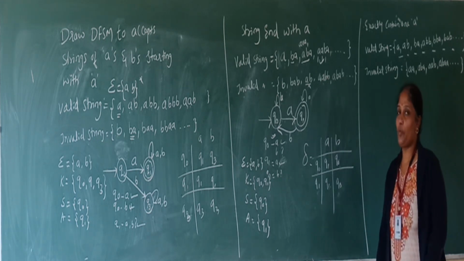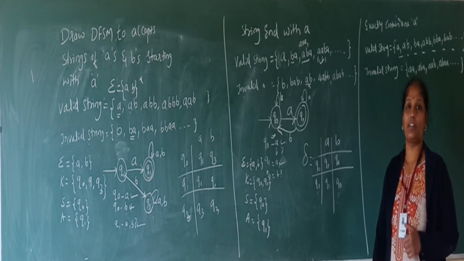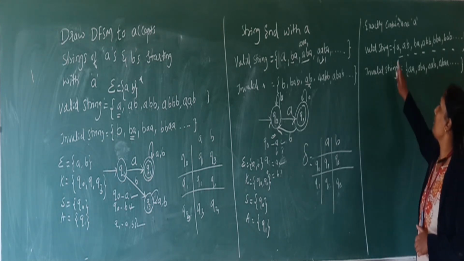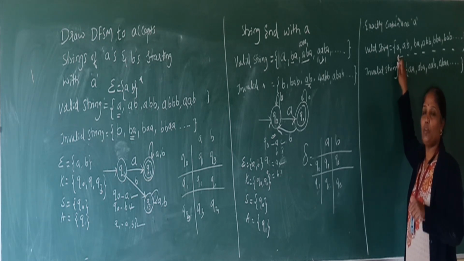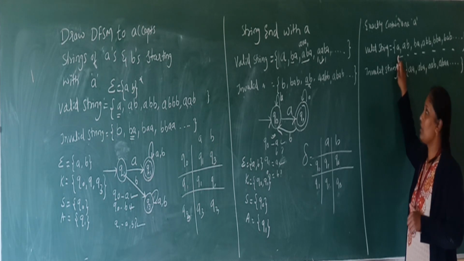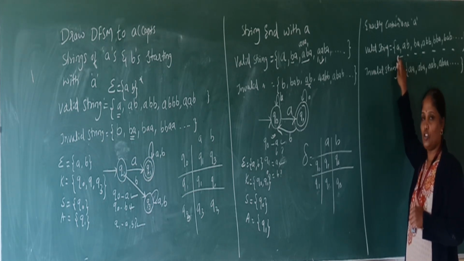Okay. So after writing the valid and invalid strings, what is the next step? You should recognize the states of the DFSM. As I said, the states depend on the minimum string written in the valid string list. Here you are accepting exactly one A, so one A must be there in the language.